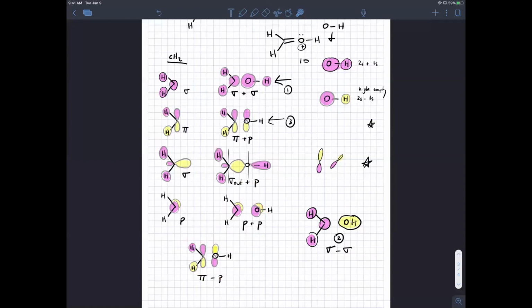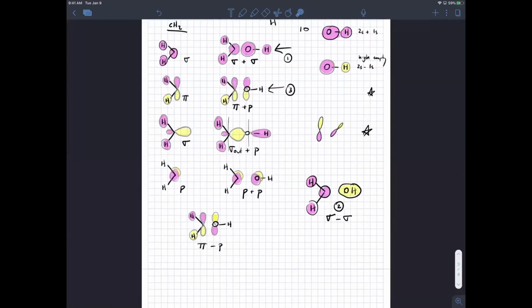Should we see how it was in formaldehyde? All right, in formaldehyde, the order is sigma plus sigma, sigma minus sigma. You have the pi plus p, then the sigma plus p.